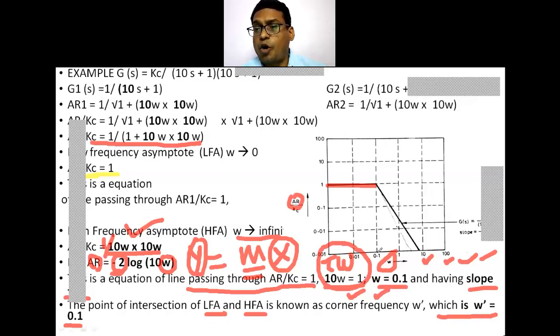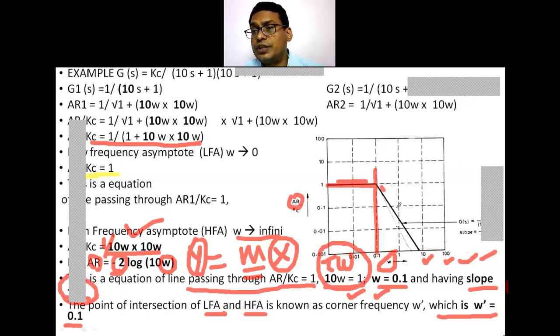So at this 0.1, the point of intersection of the low frequency asymptote, I will draw a second line with a slope of minus 2.